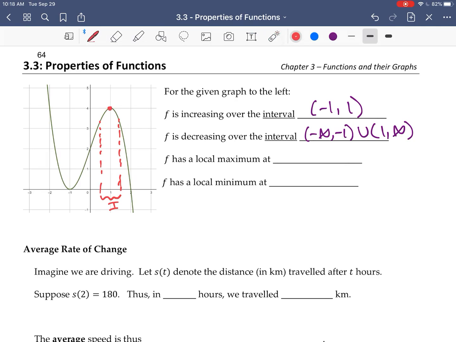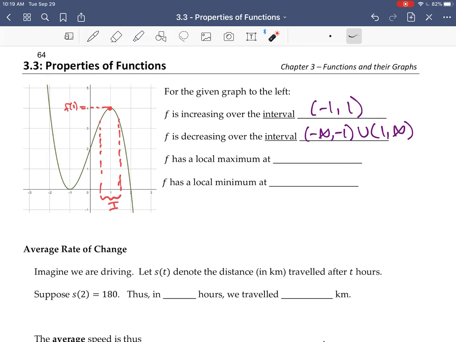f of 1, this point has y value 4, which is f of 1, and it's going to be the biggest in that interval. All the other y values in this little interval are smaller. It doesn't matter that the y values over here are bigger. It's local.